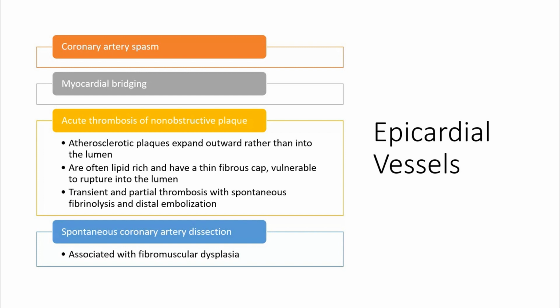They are often lipid-rich and have a thin fibrous cap that are vulnerable to rupture into the lumen, and when that happens, it's a transient and partial thrombosis with spontaneous fibrinolysis and distal embolization into the coronary microcirculation, and spontaneous coronary artery dissection, which is associated with fibromuscular dysplasia.